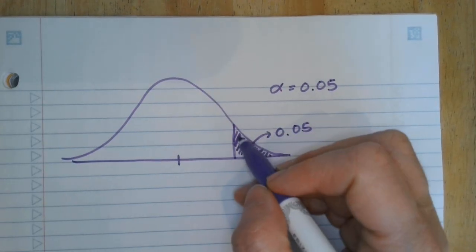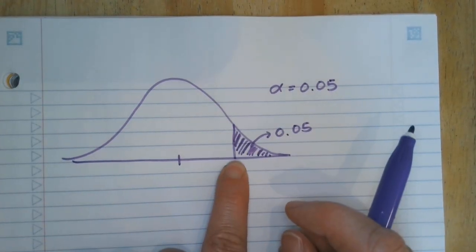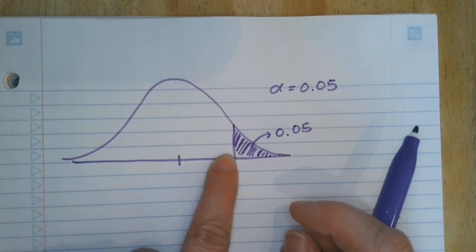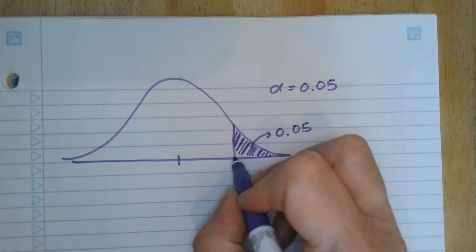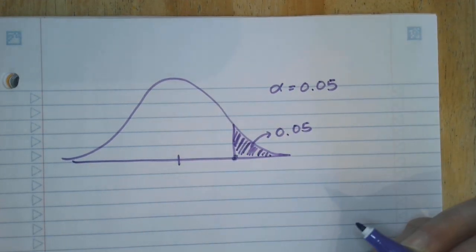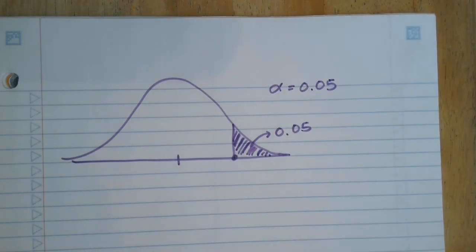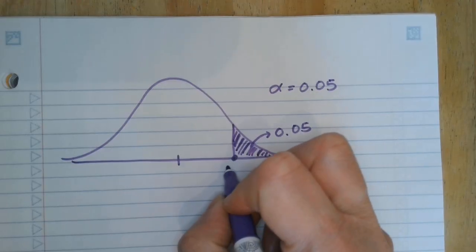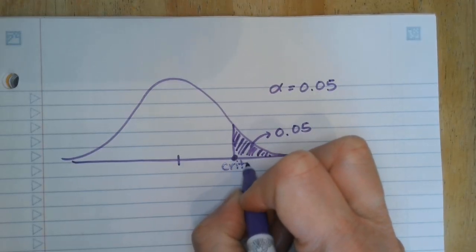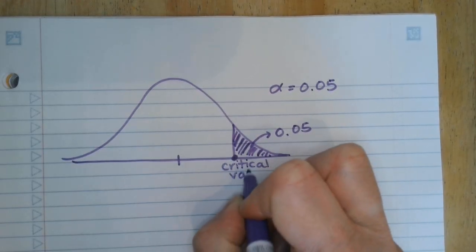So I want it to be here or closer to the mean. So whatever this point is, it's like my boundary. That's as far as I can go before my p-value is too small. So this right here is what is known as my critical value.